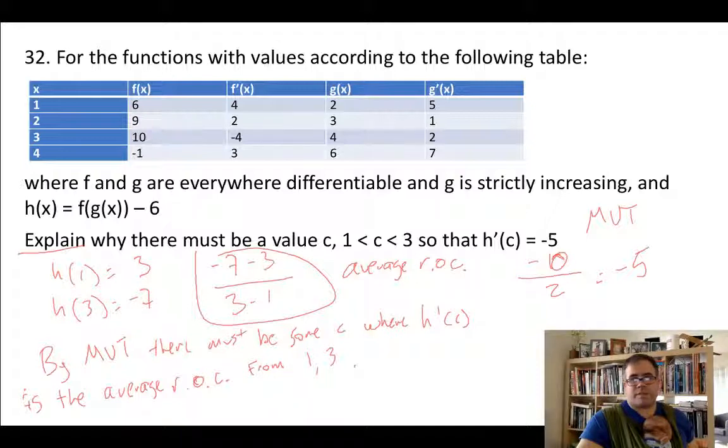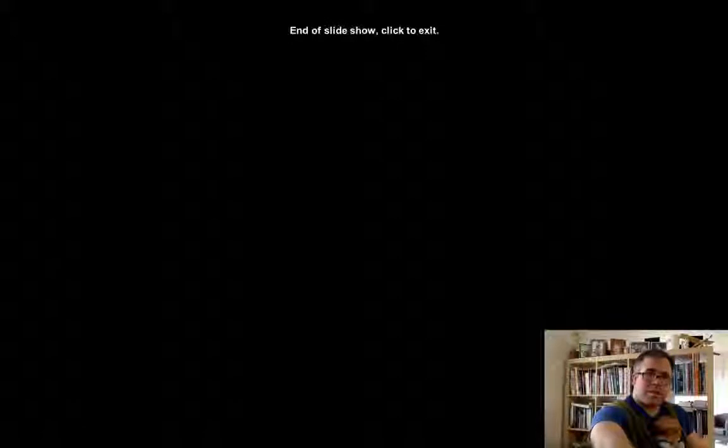Since that's -5, that means h prime of c has to be -5 by mean value theorem. And that finishes it. Congratulations, everyone.